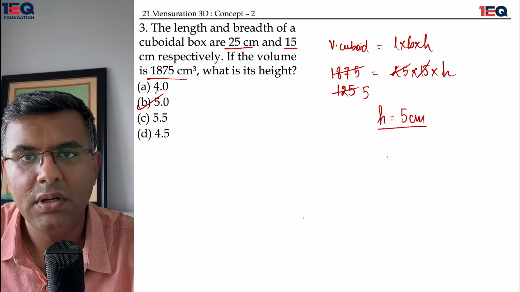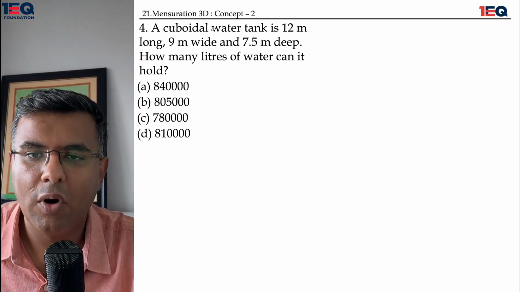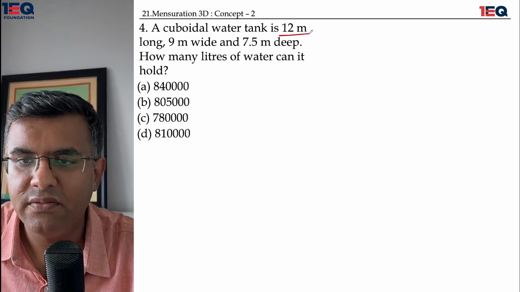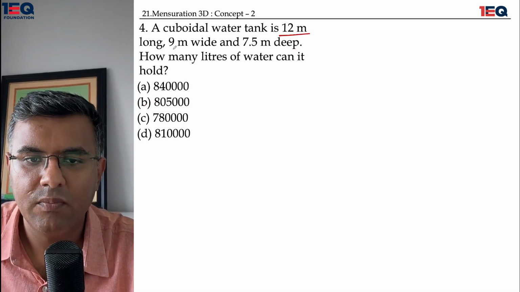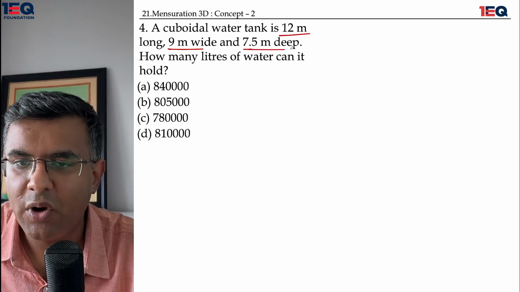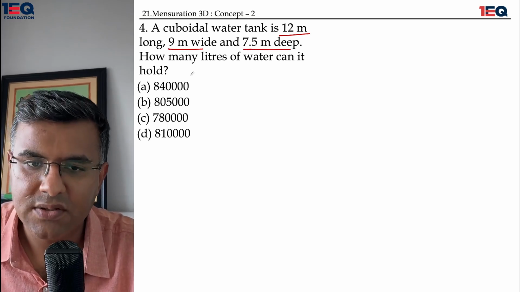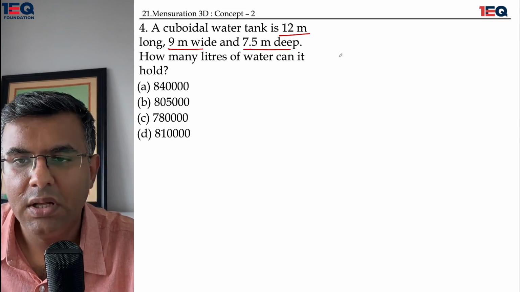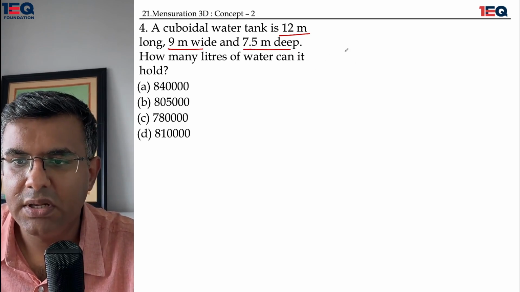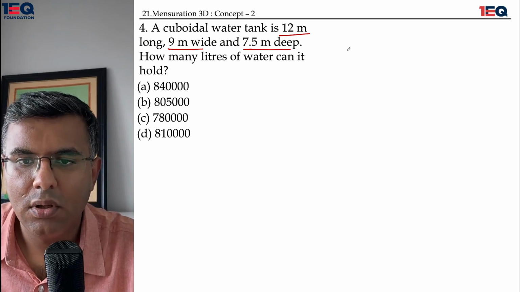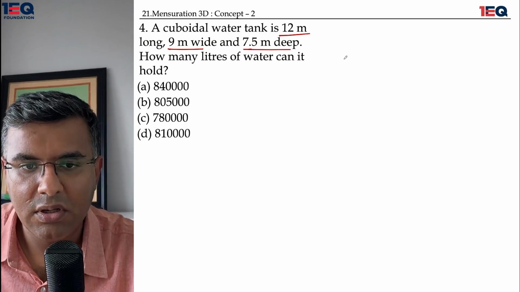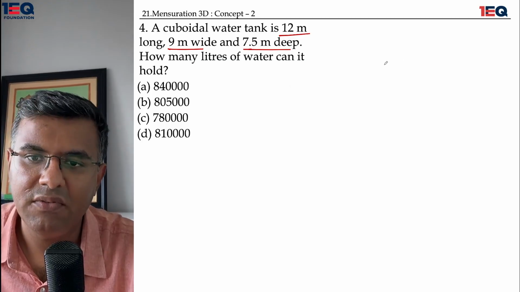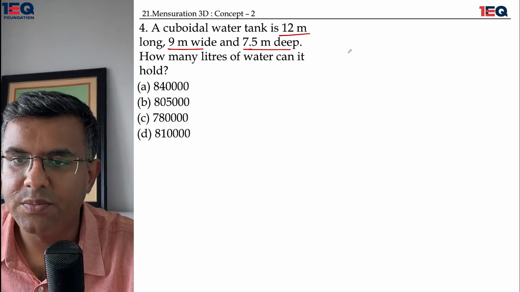Let's move ahead. A cuboidal water tank is 12 meters long, 9 meters wide, and 7.5 meters deep. How many liters of water can it hold? So first let me find out the value of it, then we can move it to absolute terms.